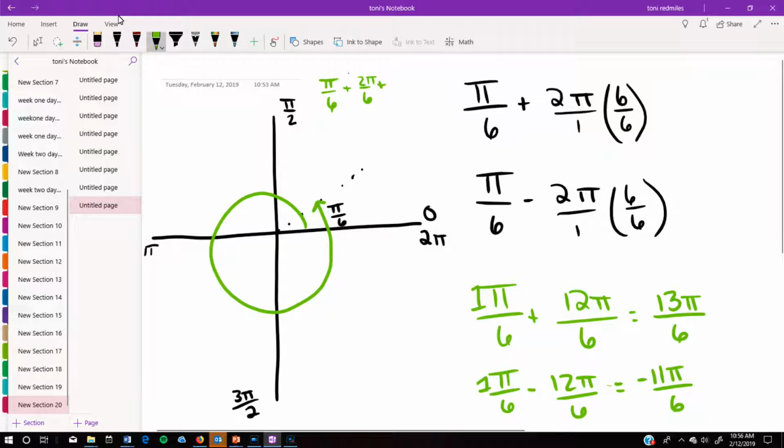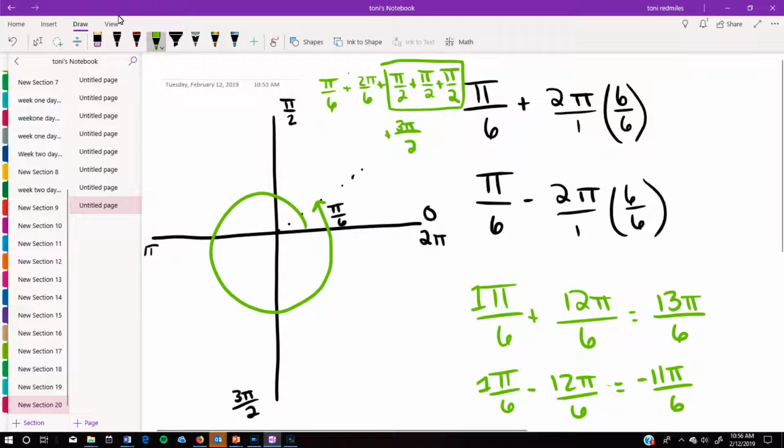And then that would be a whole pi over 2 plus a pi over 2 plus another pi over 2. Each quadrant is pi over 2. So 1, 2, 3 pi over 2's are going to be 3 pi over 2.